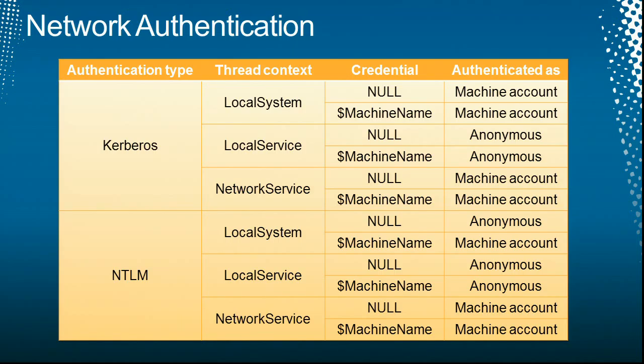And if you are using local service, then you will go to the network as anonymous. And that is true except for a specific case, which is if you are using NTLM and you are using local system, then it will go to the network as anonymous.